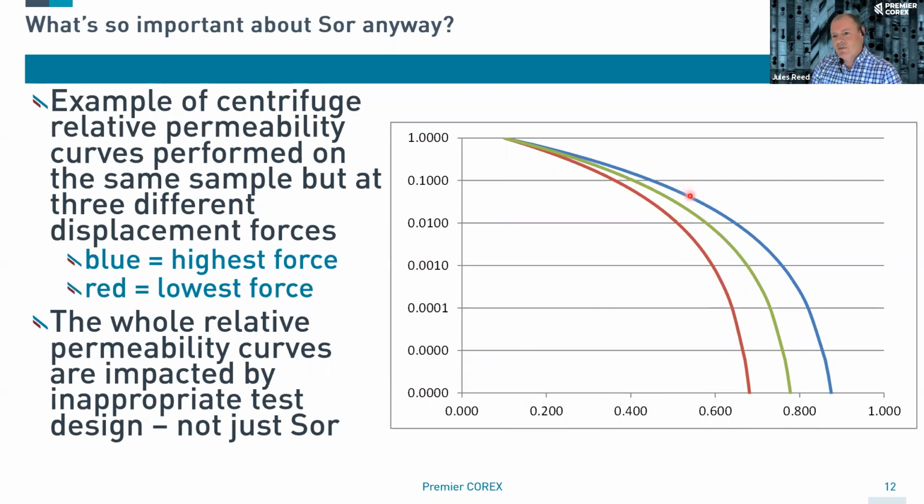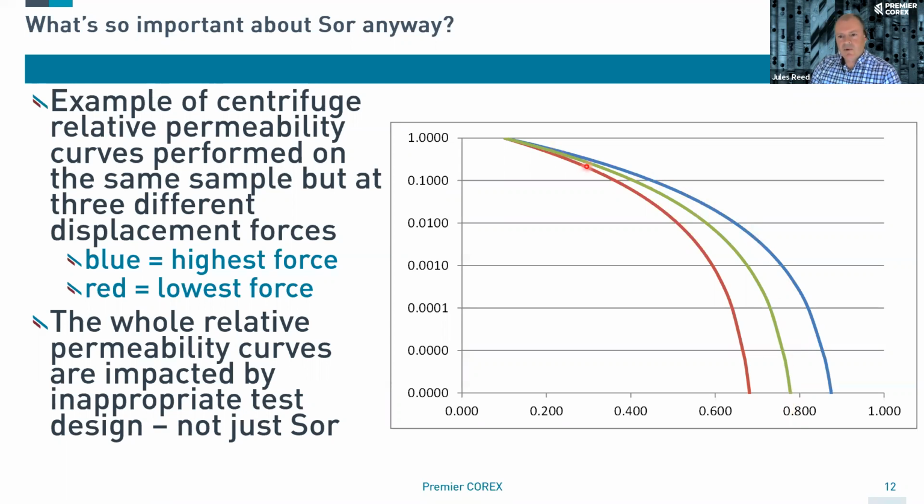So my relative permeability to oil under a high force, which has achieved residual saturation, I get this kind of curve. But if I were to perform that at a slightly lower force that didn't quite achieve residual oil saturation, it's not that it follows the blue curve and then just cuts out towards SOR near the end.